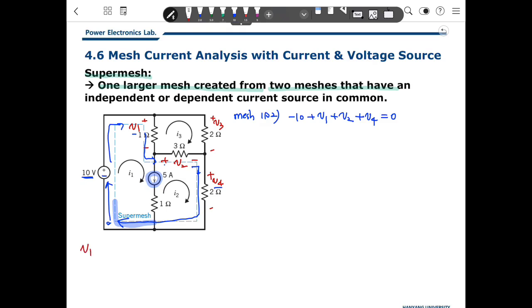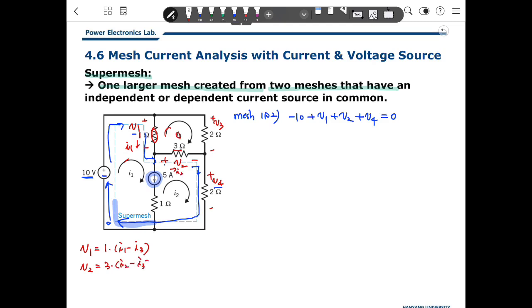What is V1? V1 is the voltage here. That is 1 ohm, and the current is, this is I1, this is I1, and this is I3. So 1 times I1 minus I3. And what is V2? V2 is 3 ohm, and this current is I2, and this is I3.